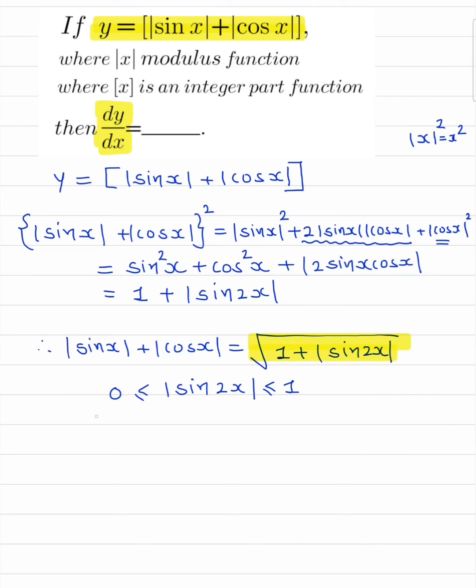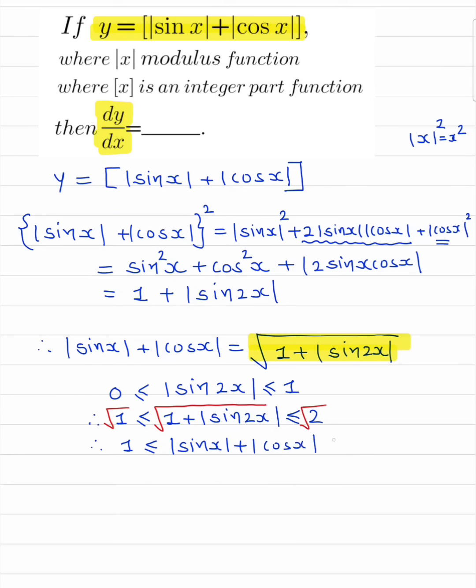Now adding 1 on all sides, we get 1 less or equal to 1 plus mod sin 2x less or equal to 2. Now taking the square root on all three sides, we get 1 less or equal to under root 1 plus mod sin 2x, which is mod sin x plus mod cos x, lying between 1 to root 2.